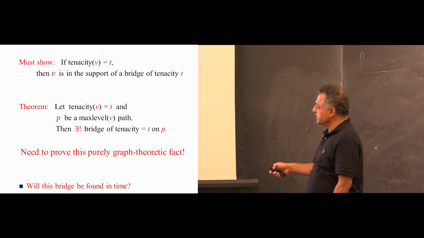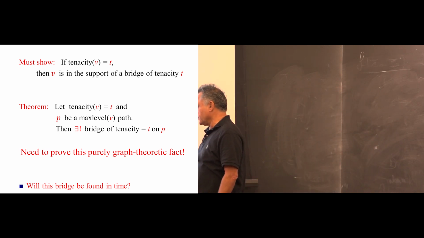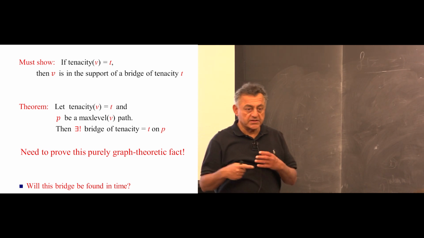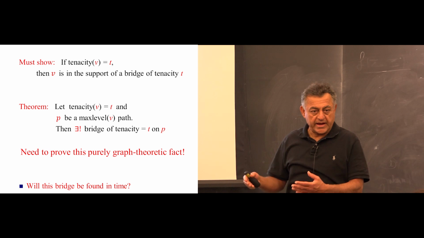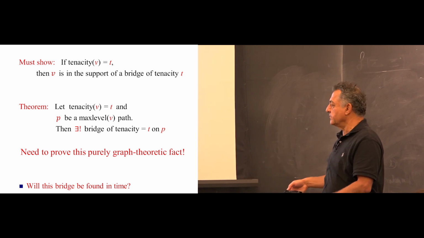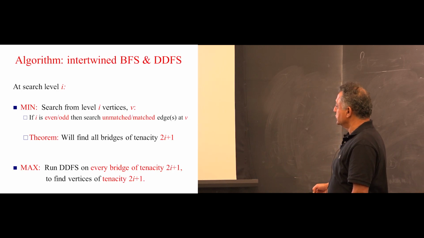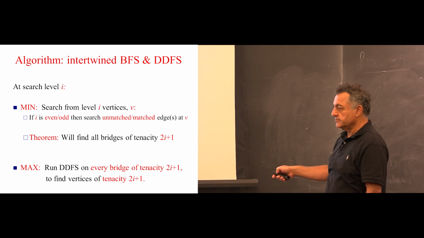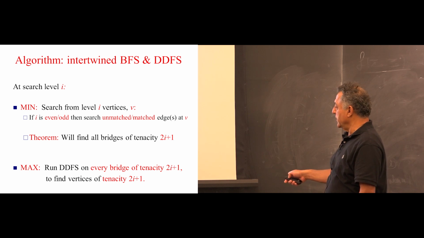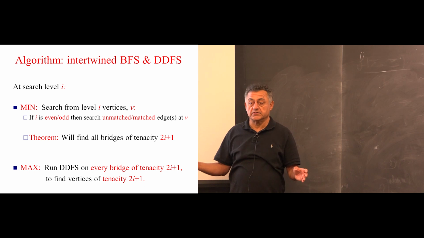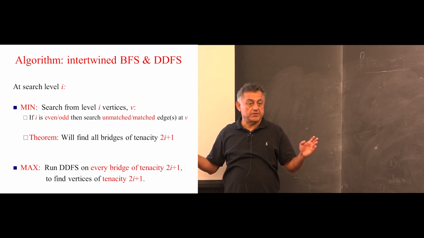once we prove this fact, we are still left with proving that this bridge will be found in time, so that double depth first search will do the right thing and label V with T minus its min level as the max level. Okay, so going back to the scheme, we need to show that after min is done here, whatever bridges we have accumulated of tenacity T plus 1 are indeed all the bridges of tenacity T plus 1. There are no other bridges of tenacity T plus 1.